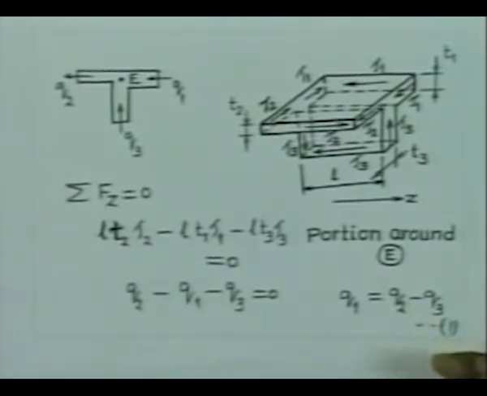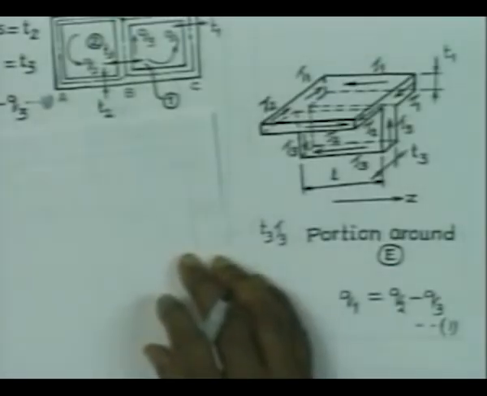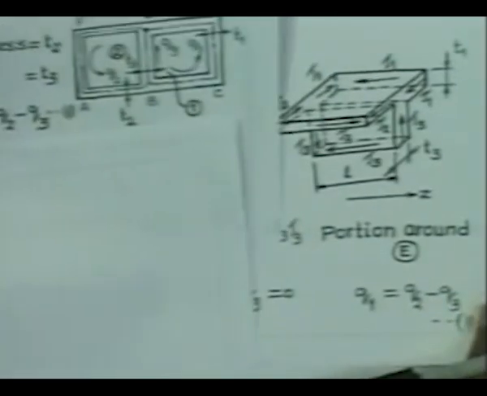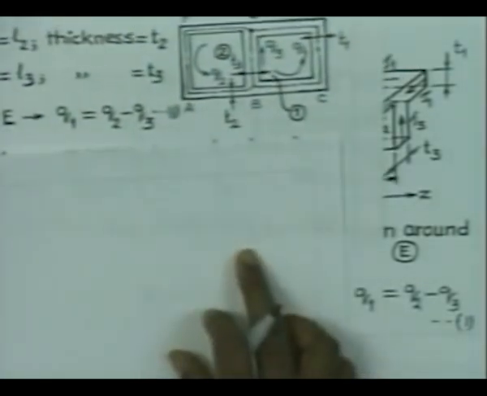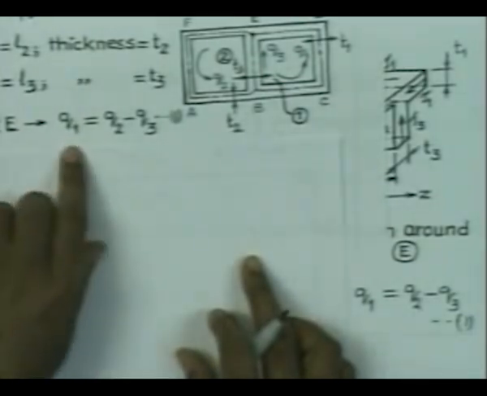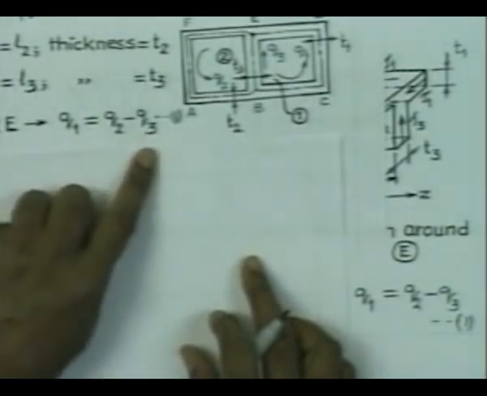From the flow consideration, we derived the relationship also, which is here. From the flow consideration, we derive that Q1 equal to Q2 minus Q3.